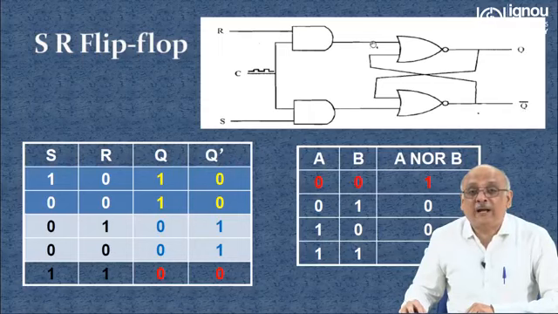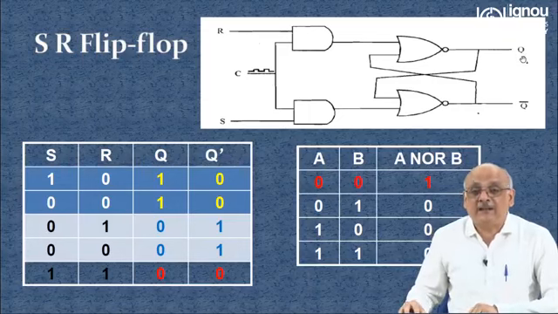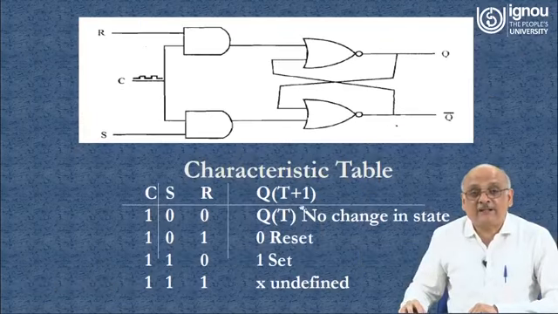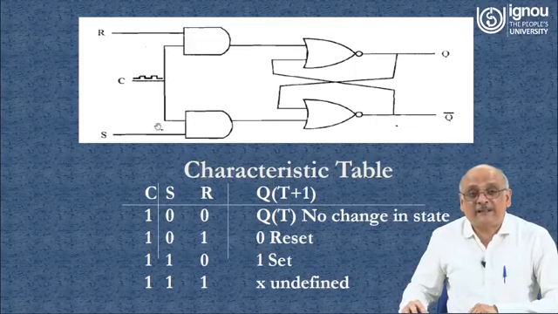Since Q bar is 1, even if this is 0, one of the input values is 1, so this particular Q is going to stay at state 0. And this is exactly what is being shown over here. So when the input values, that is S and R, are 0 and 0, if Q was 0, it will stay at 0.